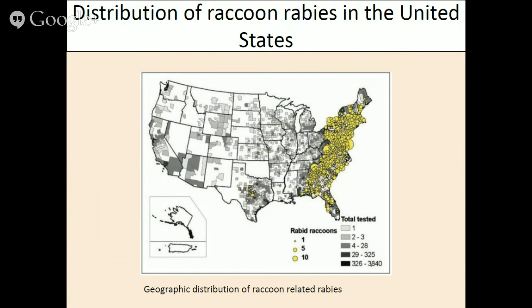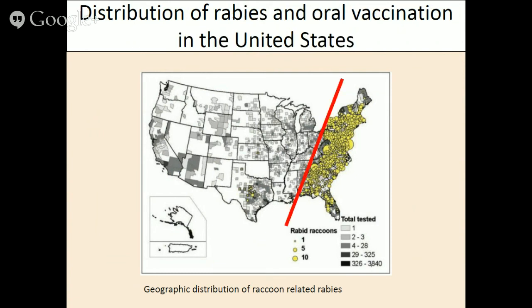And something interesting here is that it has a very different distribution. This distribution is limited by a campaign of oral vaccines across this line. So that's why the intervention is shaping this distribution of rabies in the US.